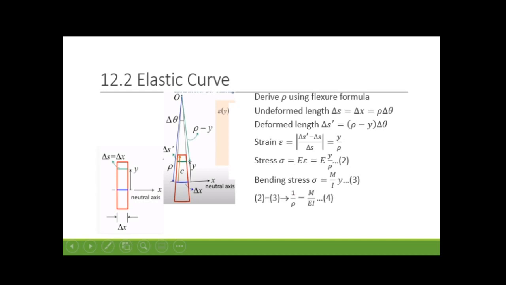Then 1 over rho, and y disappears, and I move E to the other side: 1 over rho is equal to M divided by EI. Also, you remember the previous slide: 1 over rho is d squared y divided by dx squared, which is equal to Mx divided by EI. So y is the elastic curve function, and we obtain the relationship between y and Mx.